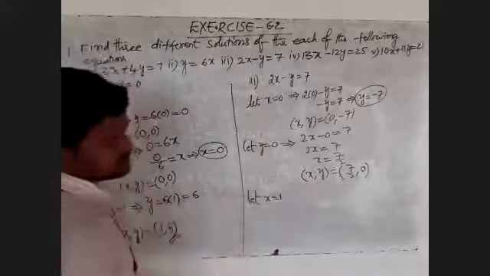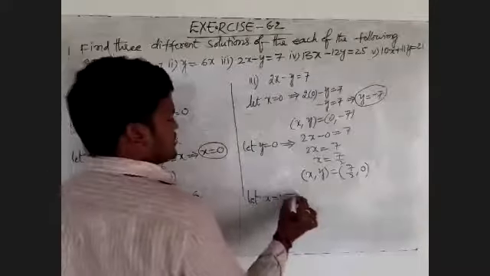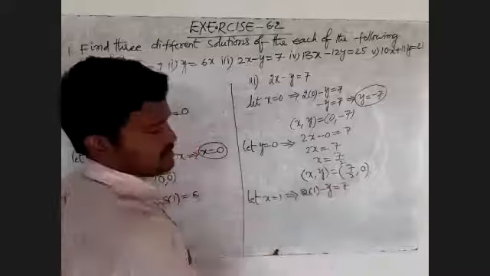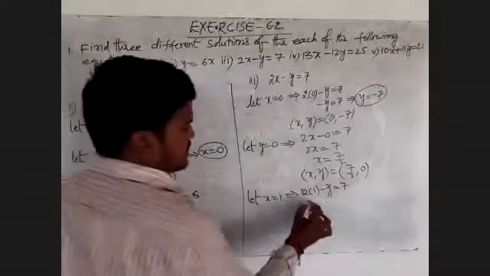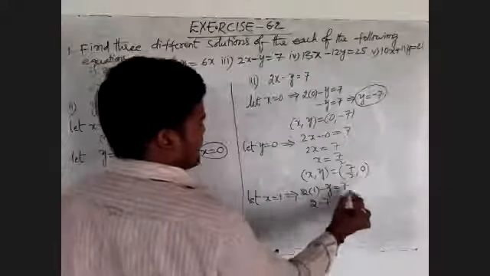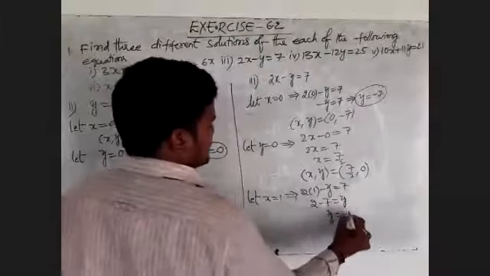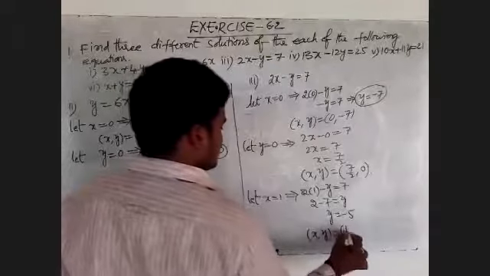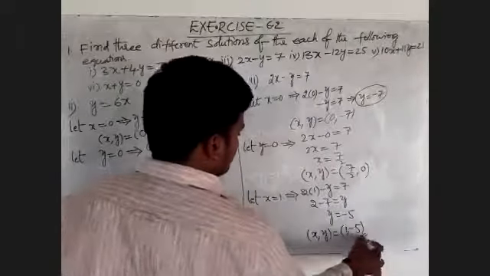Then 2 into 1 minus y is 7. Minus y goes to that side as plus y, so 2 minus 7 is y, that is y is equal to minus 5. That is the point (x, y) is equal to (1, minus 5).